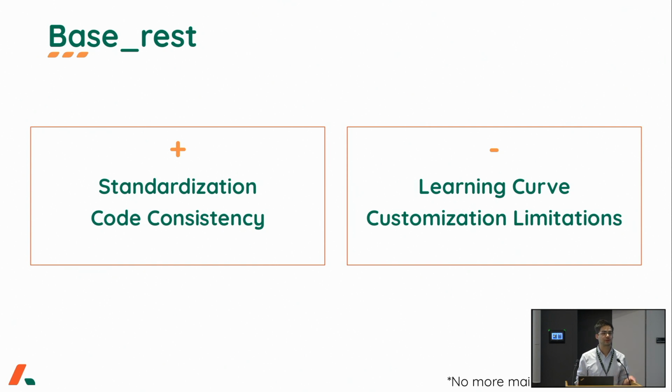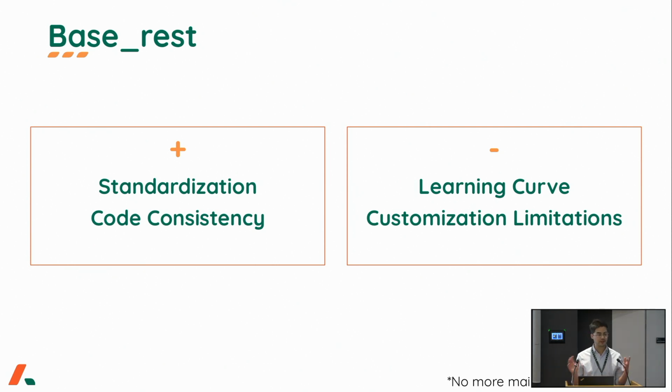So now let's talk about another solution called base REST. Base REST is a real, comprehensive API framework, and this solution offers you the possibility to really define your API using this API framework, and your code will be more consistent since it's a real API framework, more than Odoo XML RPC.